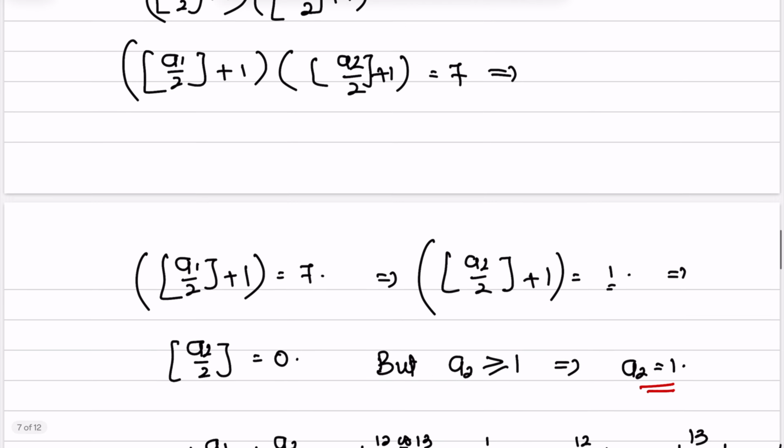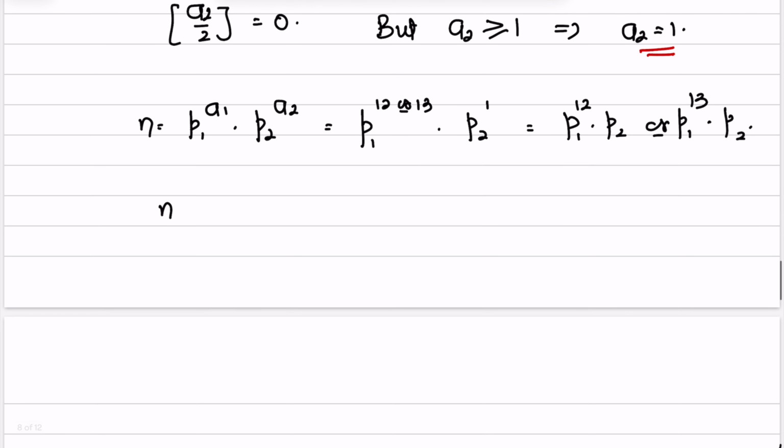Where n is defined as P1 to the power of a1 into P2 to the power of a2 into P3 to the power of a3 up to Pn to the power of an. From this definition, we have got the value.